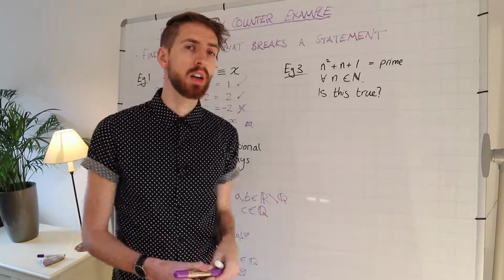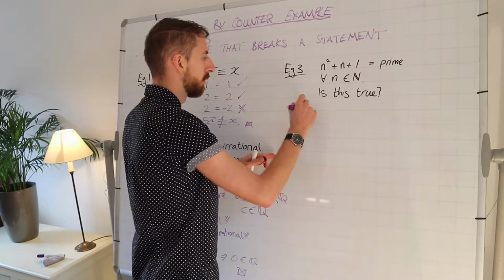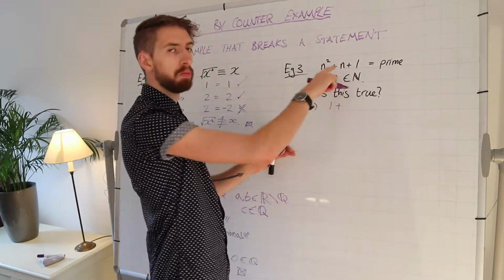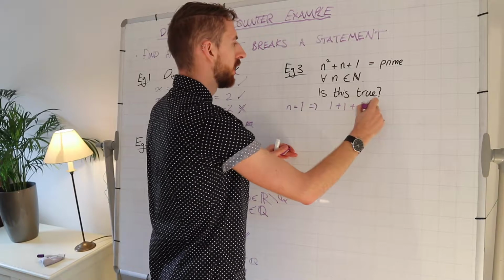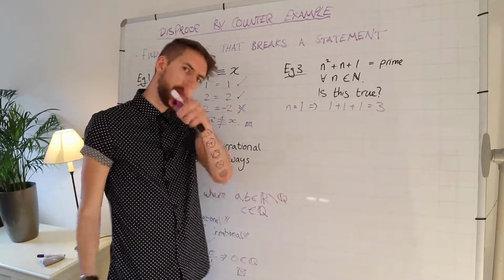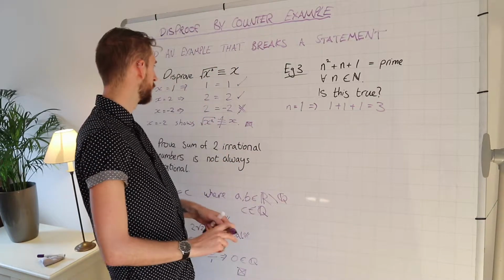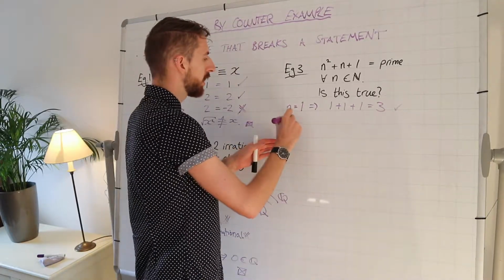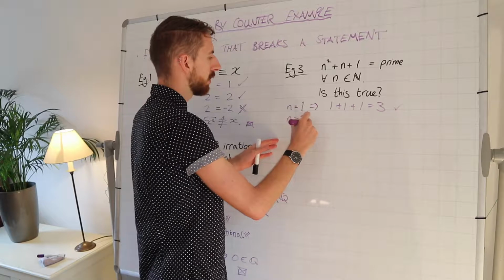So let's just try 1. N equals 1 implies 1 squared, 1, add 1 equals 3. So that one is true. Let's try another one. N equals 2.